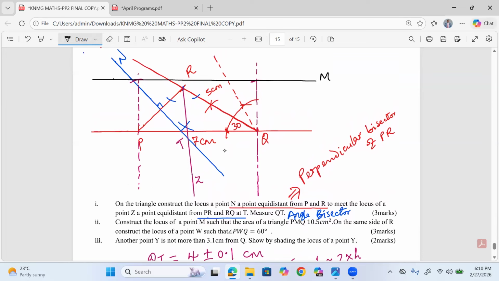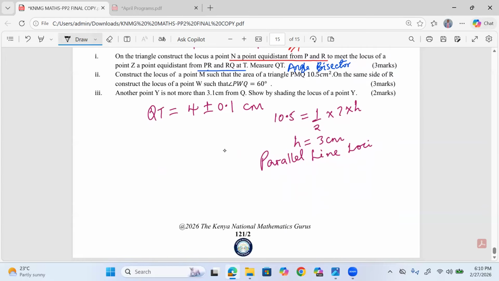So you mark 3 centimeters at Q on the lower side, then you produce the line. Now this is again a possible locus of M. So the locus of M is two lines, on either side of PQ.